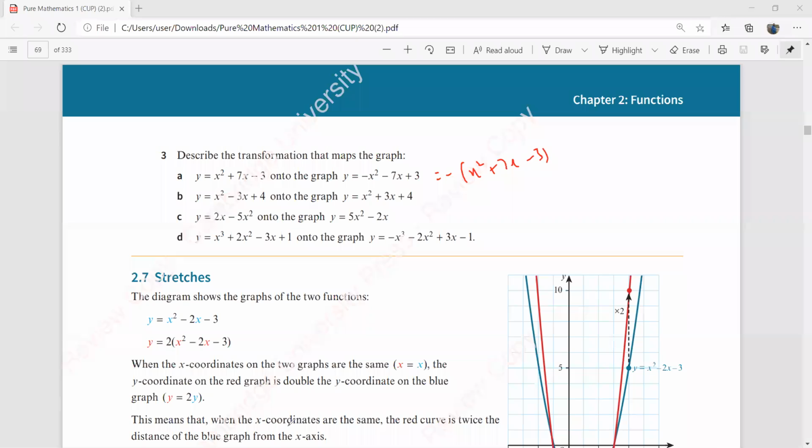Ayla, can you tell us what is happening in part B? Okay, Ayla doesn't seem to be there. Habiba, can you tell us about the B part? Reflection in the y-axis.